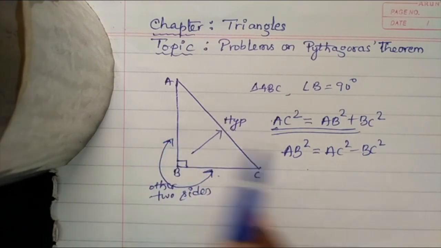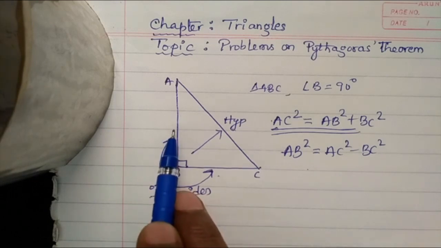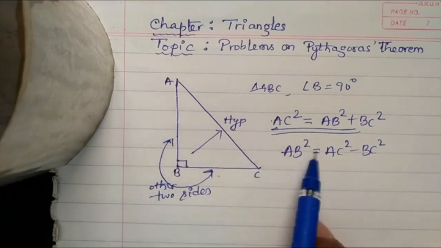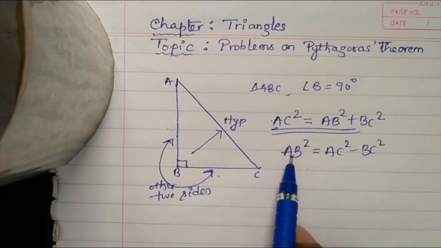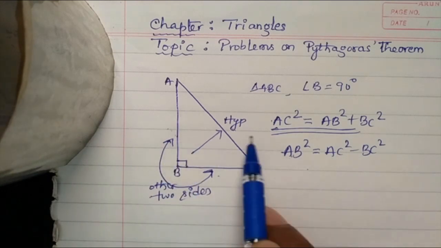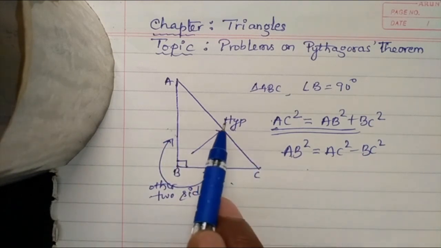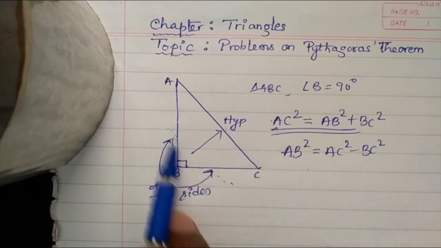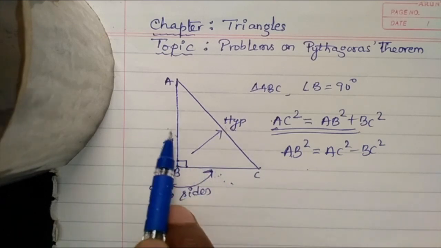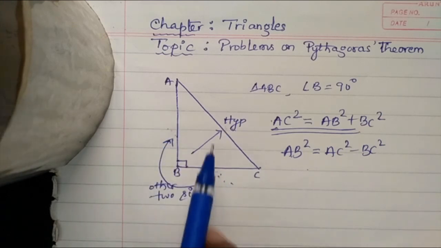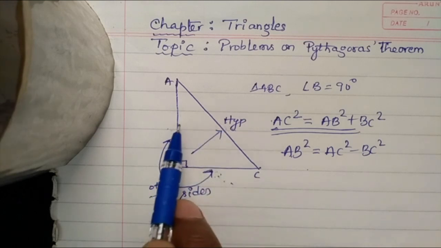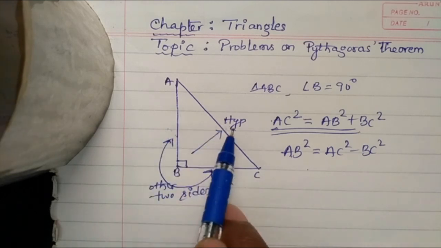So if you want to write the square on one side of the given two sides, I mean AB square, if you want to write AB square separately, you need to subtract, because AC square is equal to the sum of these two. If you add these two squares, you will get AC square. So if you want to get only AB square, then you need to subtract.